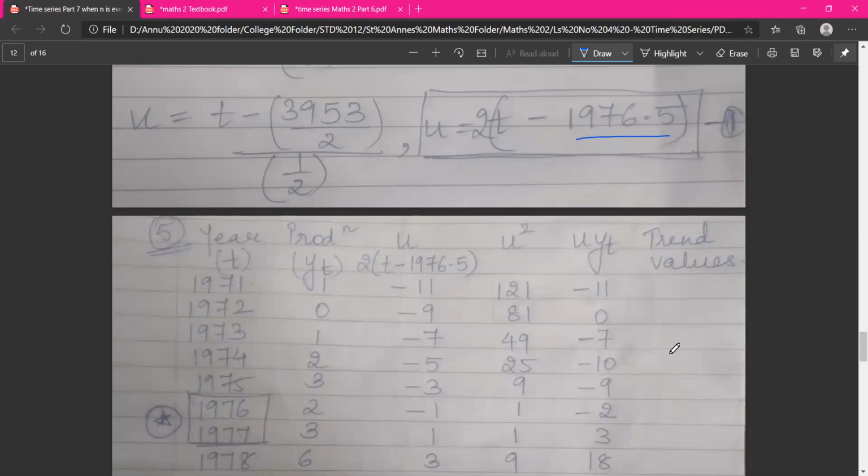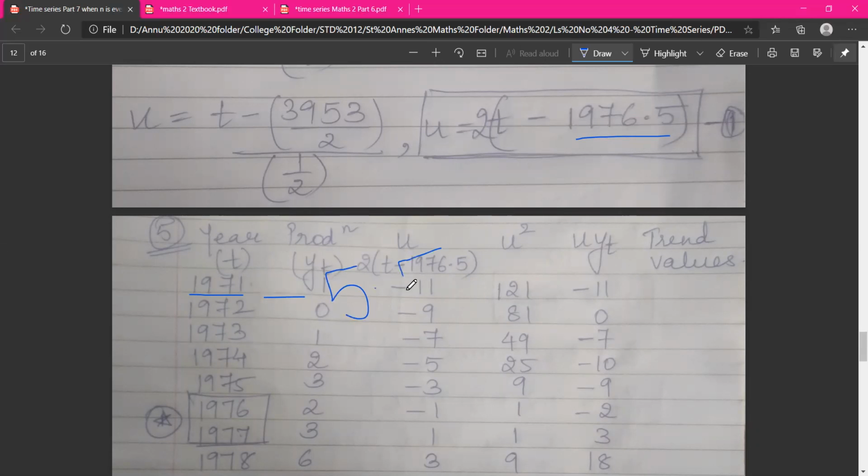So एक एक करके now you will be finding the value of U for all the years. So I'll put 1971 minus 1976.5. So on subtracting, 1976.5 में से minus I'm subtracting 1971, which gives you minus 5.5. ठीक है?